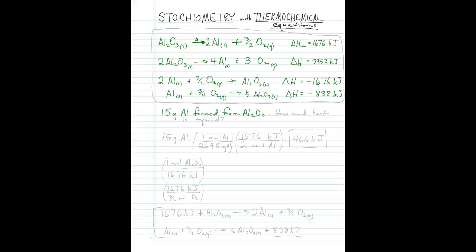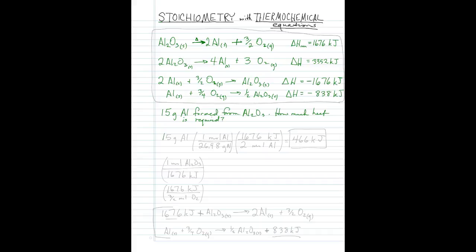Okay. And I say, how much energy, how much heat is required? Because we know that forming aluminum from aluminum oxide is endothermic. It requires energy. We know that from our first equation.